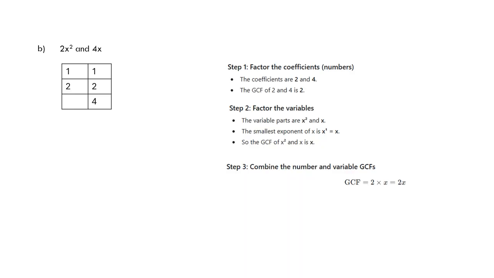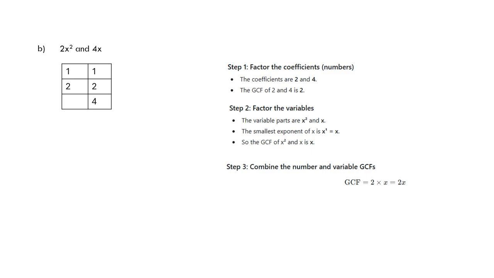The factors of 2 are 1 and 2, and the factors of 4 are 1, 2, and 4. So the greatest common factor between the two of them is 2. So it's going to be some sort of 2 that's going to be our greatest common factor.